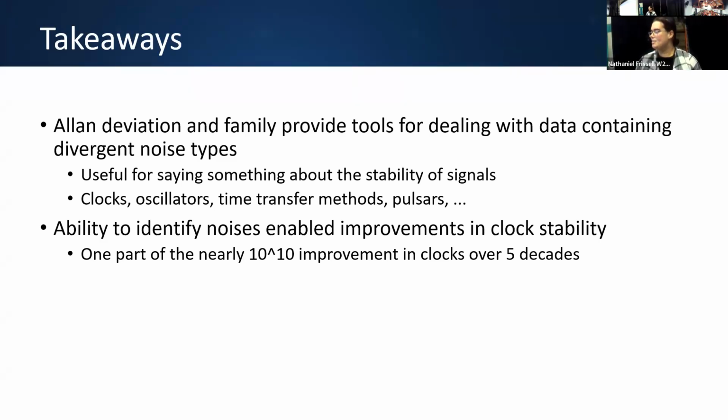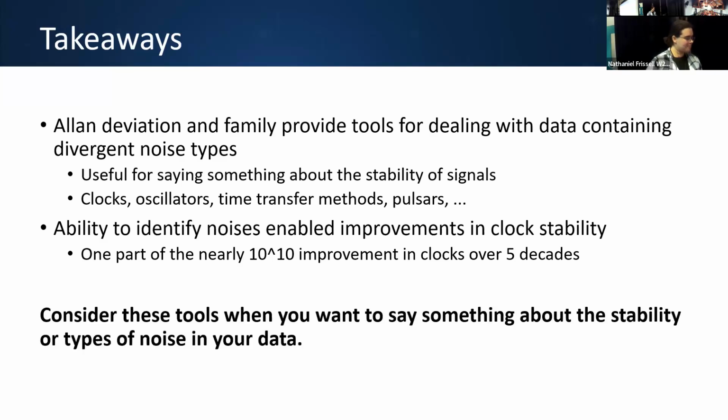And so that's led to this tremendous improvement over the decades in clock design. It's one part of that history of improvements in timekeeping. And if you take one thing from this presentation, I hope you consider these tools when you want to say something about the stability or types of noise in your data, particularly if you suspect something that isn't Gaussian noise in your time series.